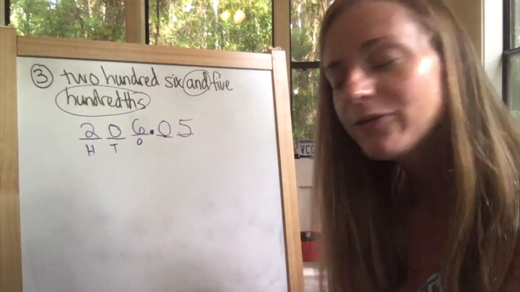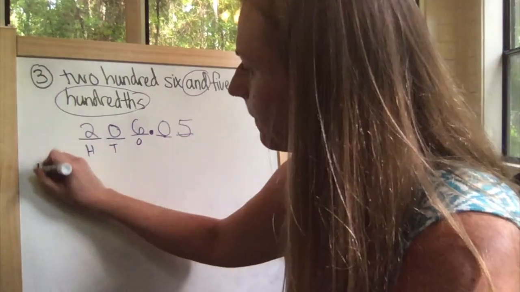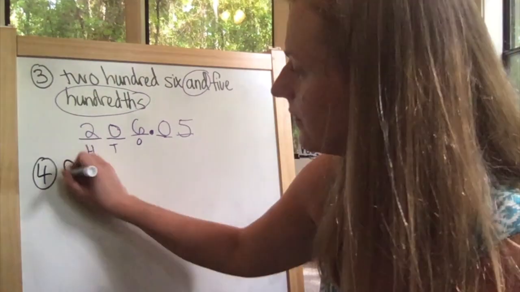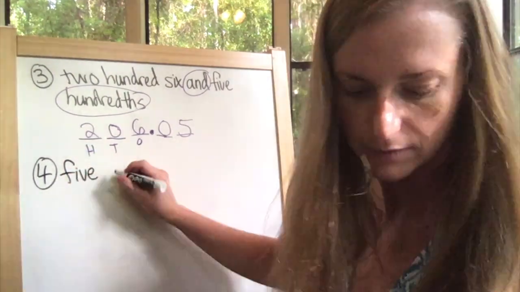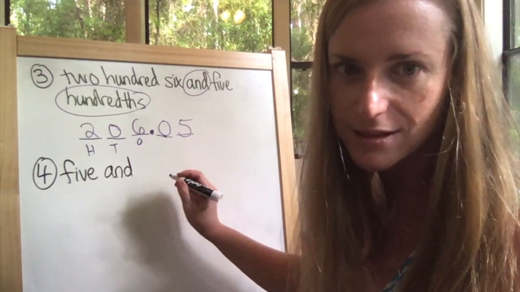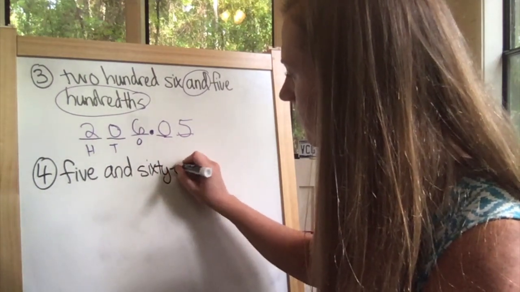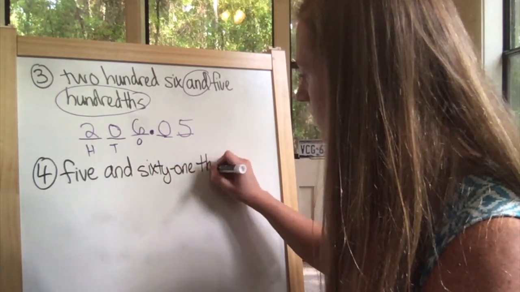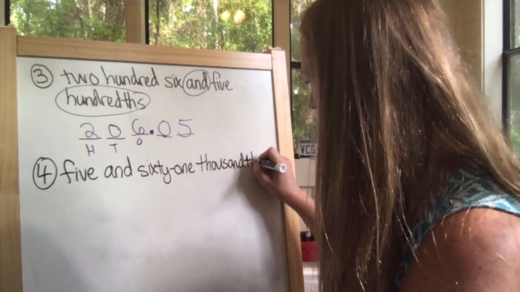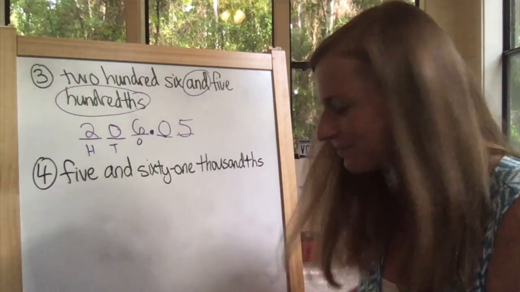Now let's do number 4, where you're going to copy this one down along with me. Number 4 says 5 and 61,000th of the sa. Do you remember the first step?